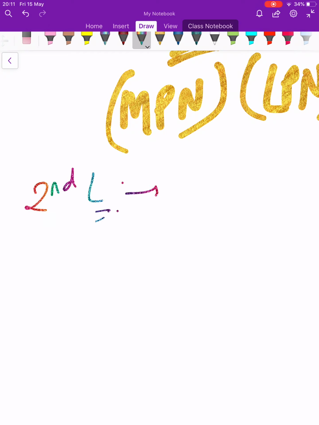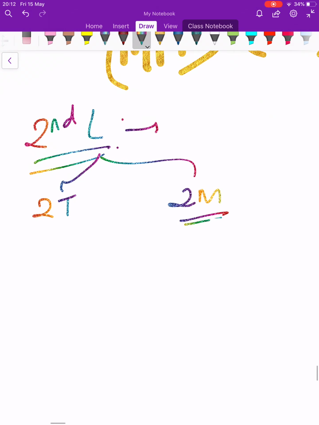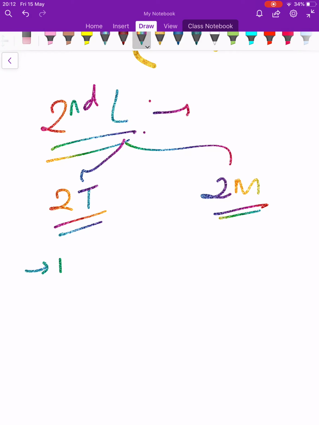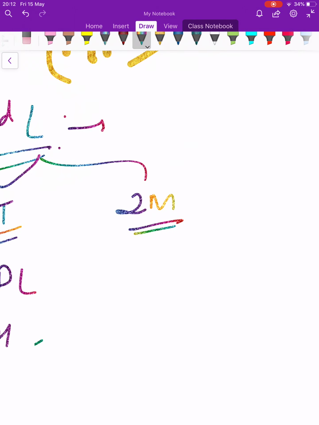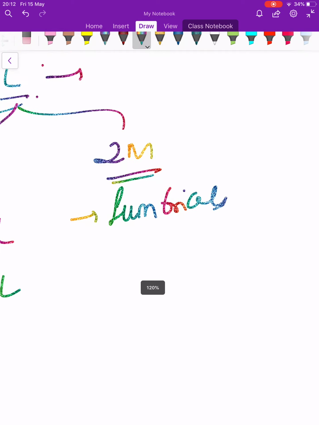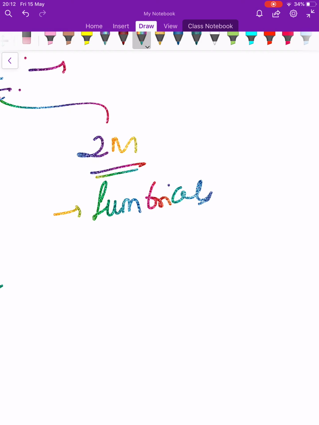The second layer has two tendons and 2 muscles. Which 2 tendons will be in the second layer? The flexor digitorum longus and the flexor hallucis longus. And which 2 muscles? One will be the lumbricals. In these, the first one will be supplied by the medial plantar nerve.